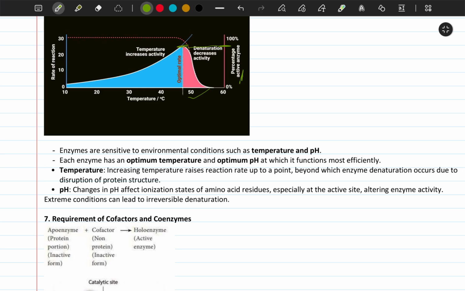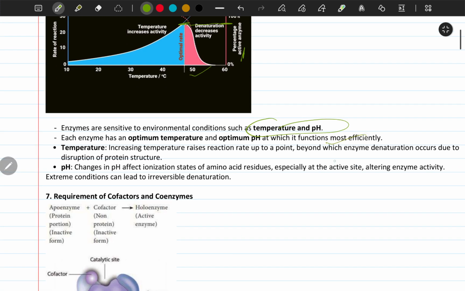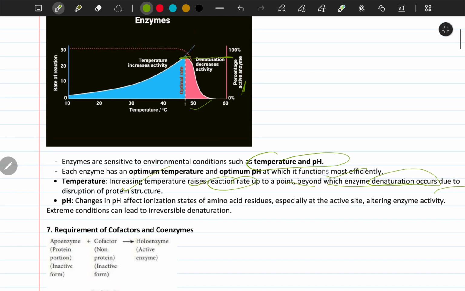Enzymes are sensitive to environmental conditions, that is pH and temperature. Each enzyme has an optimal pH and optimal temperature at which it functions most efficiently. Increasing temperature raises reaction rate up to a point beyond which enzyme denaturation occurs due to disruption of protein structure. Why does denaturation occur?